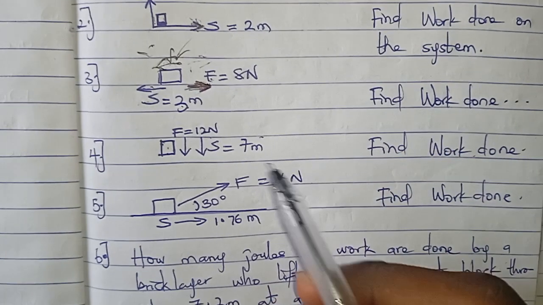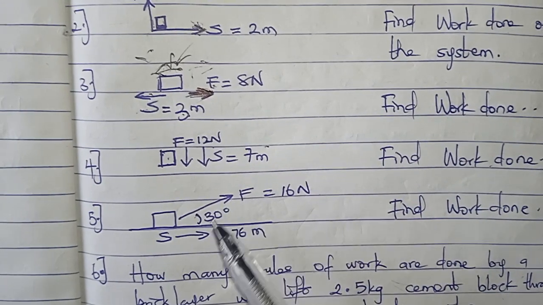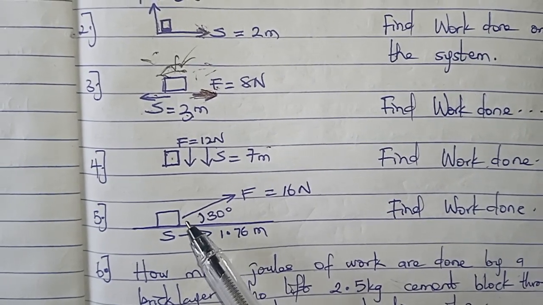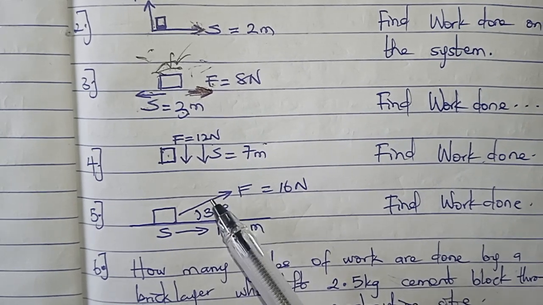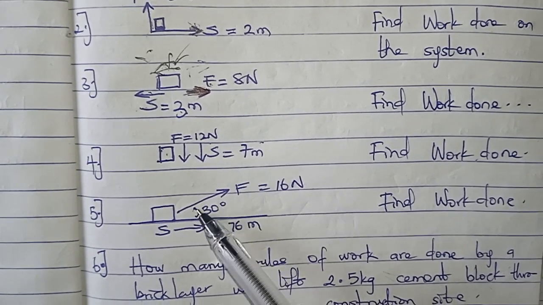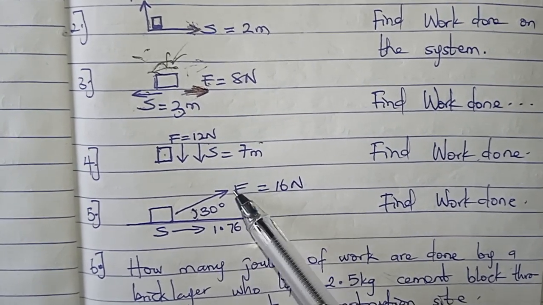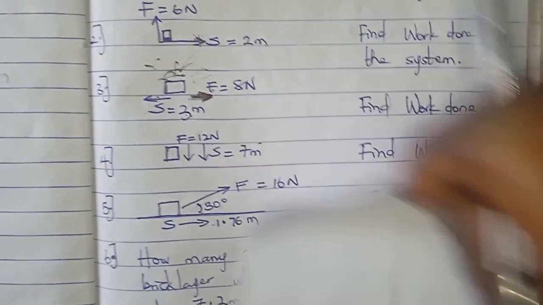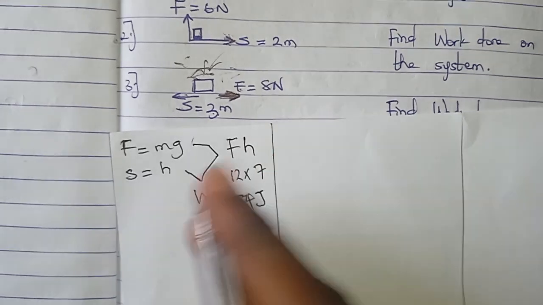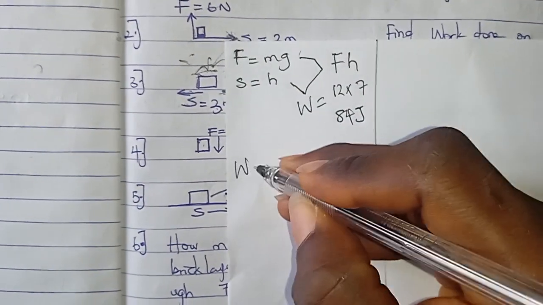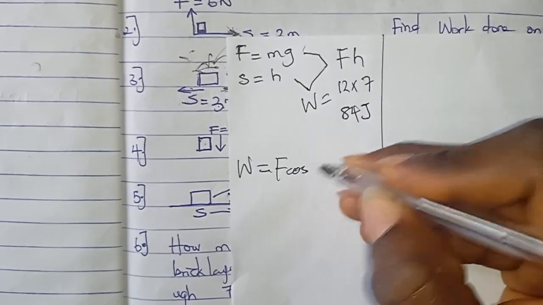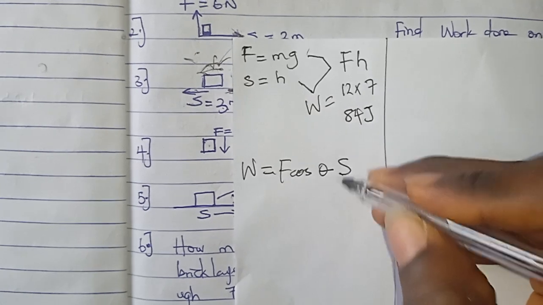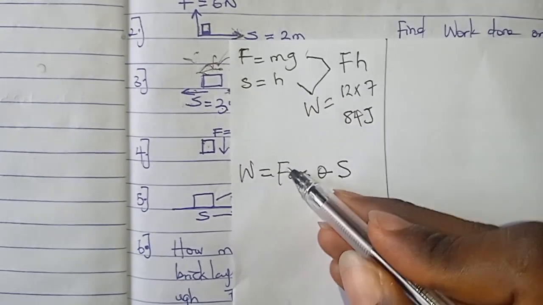Now, let's move to the next one. They said we have a body, and this body is in such a way that it is being pulled. Notice that it's pulled at 30 degrees. Then the force is 16 Newton. The displacement is this. So this one, we simply remember that the main formula for work is simply work equals to F cos theta times S. Notice I did not do Fs.